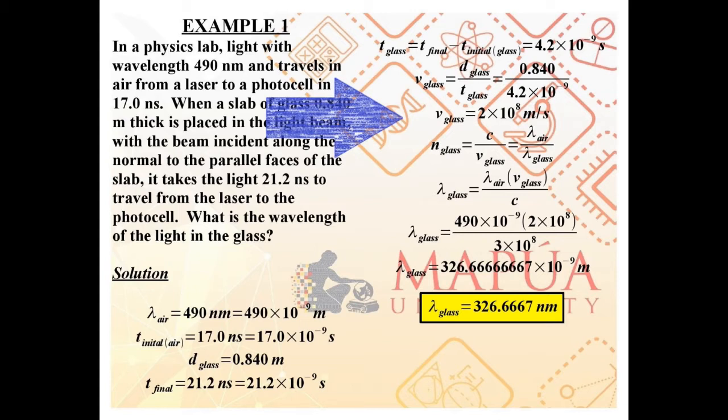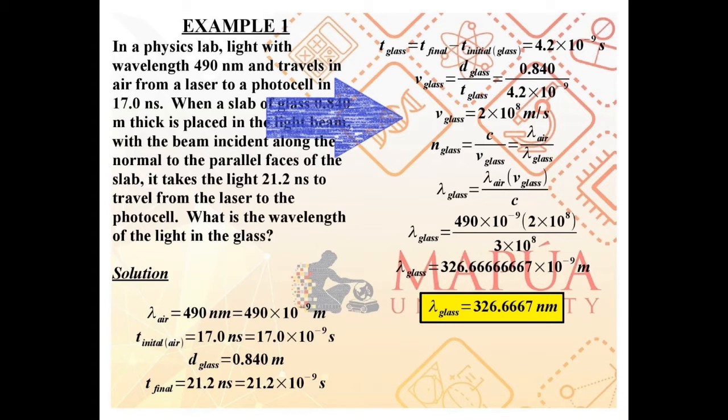In the final case, the light travels in both air and the slab of glass. The final time is given to be 21.2 nanoseconds or 21.2 times 10 to the negative 9 seconds. Let d glass be the thickness of the slab of glass, 0.84 meters.